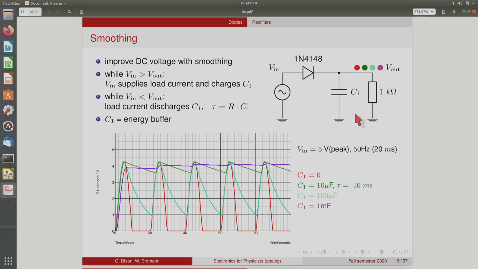And this will improve your DC voltage. So now, as long as your input voltage is higher than the output voltage, the diode is conducting and will send current both into the load and charge the capacitor.